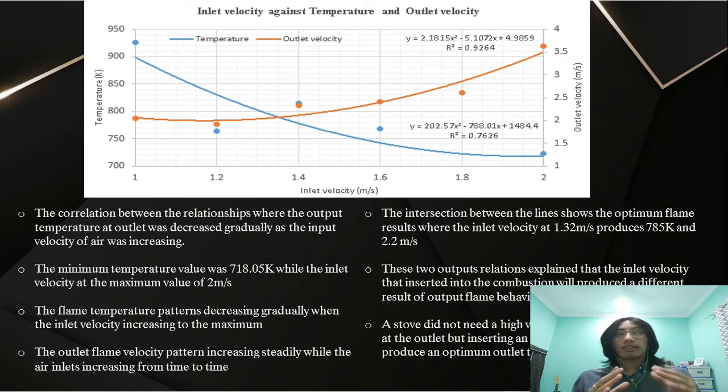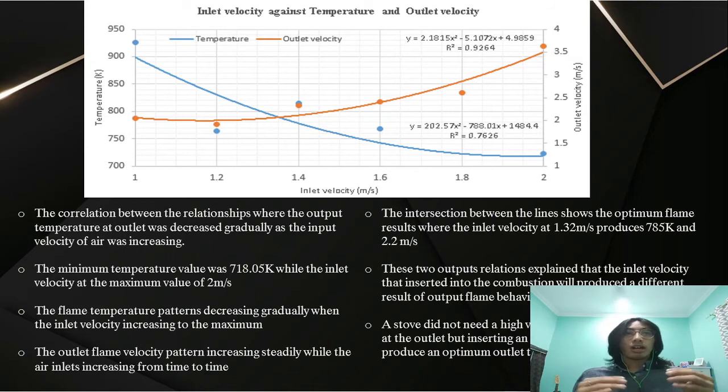So from this I have learned that a high value of inlet velocity did not have a good effect on the temperature of the flame, but it only reduces the temperature, while the outlet velocity will be increased greatly as the inlet velocity increases.